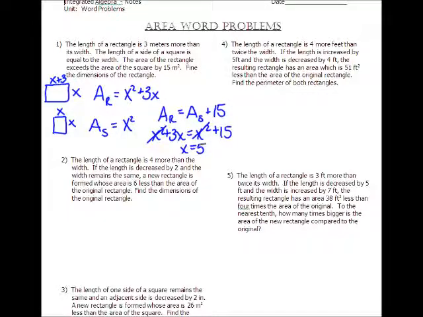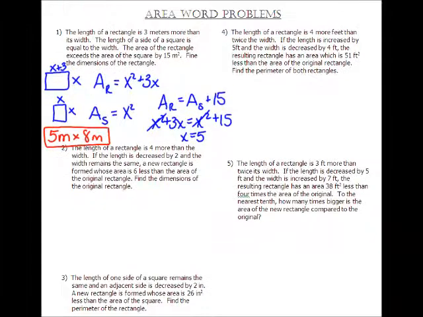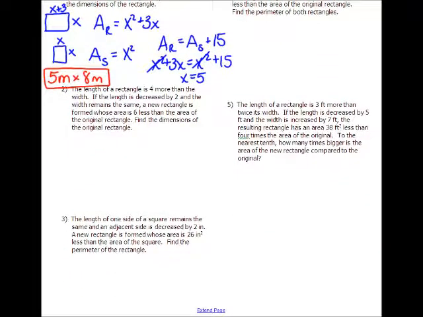Then I go back and ask, what do I want? I want the dimensions of the rectangle, so that's 5 meters by 8 meters. Good? As you can see, they look a little scary to start with, but I think you'll be okay with them. So maybe let's do number 2.